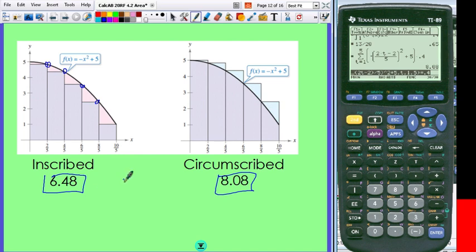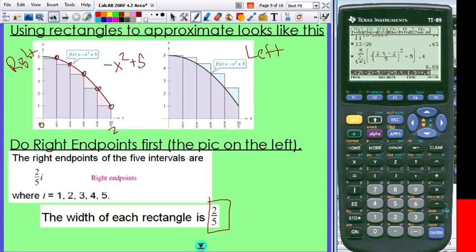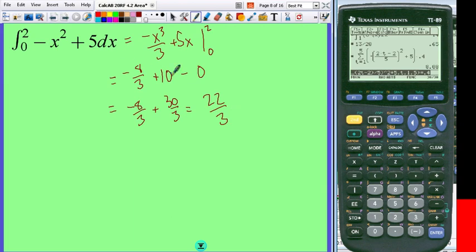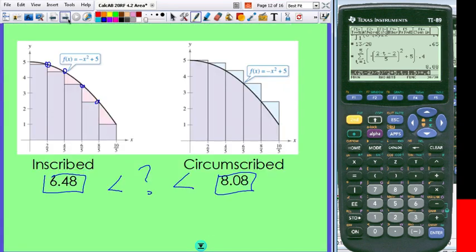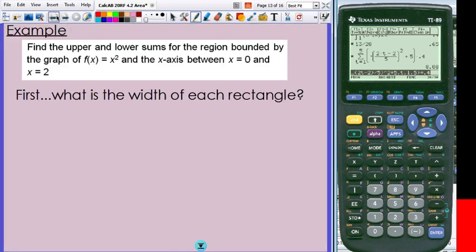It's bigger than this, but less than 8.08. And you know what? If you actually go back to our numbers that we did when we integrated back here, we got 22/3, which is approximately 7.33. And 7.33 is between those two. So rectangles are a way to approximate this. All right. I'm going to pause right here. We're going to have 2 videos.